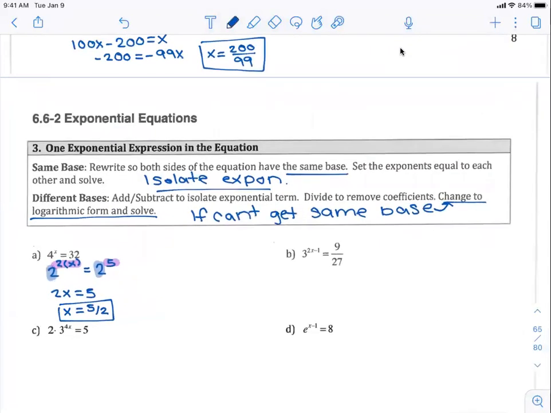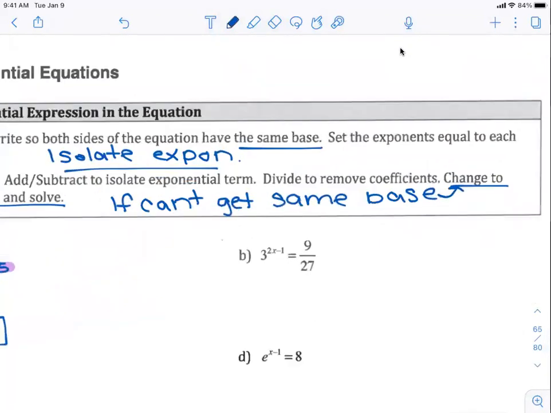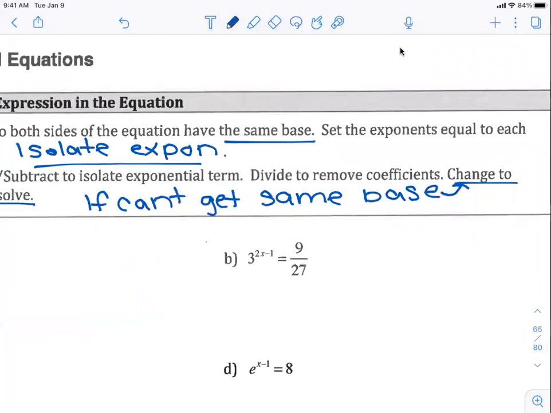In part B, same idea. The goal is to get it to the same base. This is 3 to the 2x minus 1 equals 9/27. If I simplify that, 9/27 is 1/3. It's just normal math.